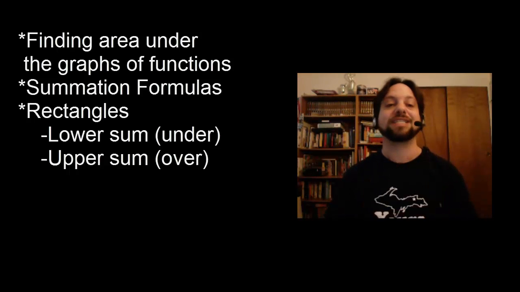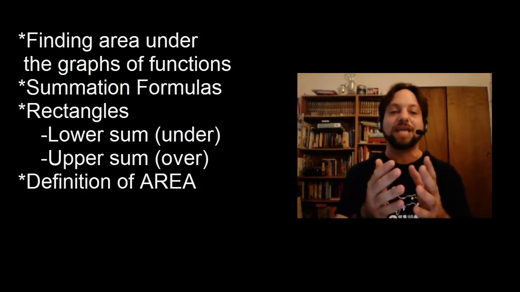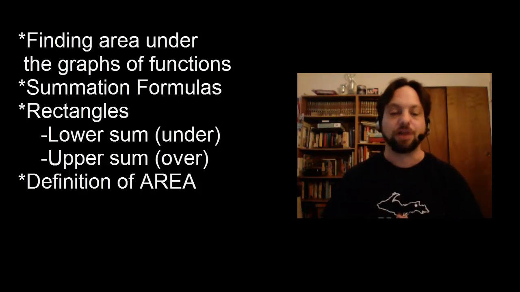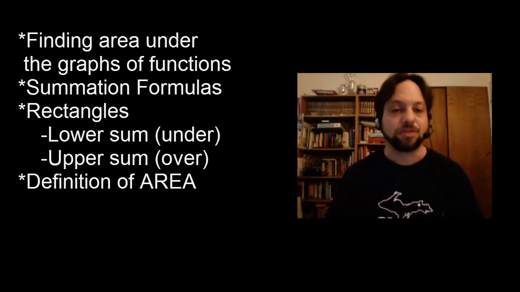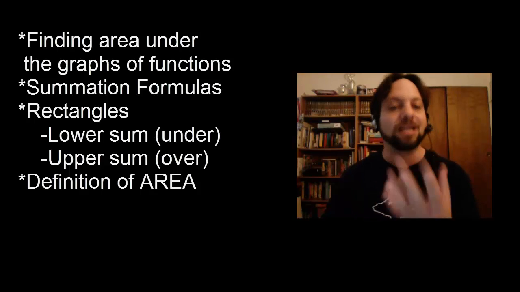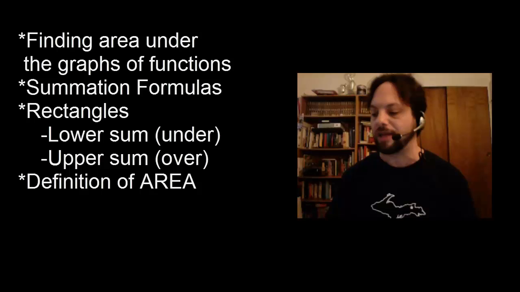After that, we took a look at the definition of the area, and that did involve a limit because, as we said, 4 rectangles was not enough, 10 rectangles was not enough. We would never get enough rectangles to be completely right unless we do the limit as the number of rectangles approaches infinity.